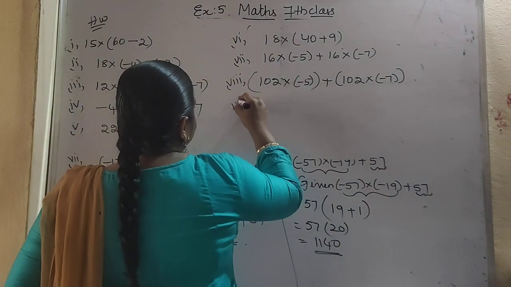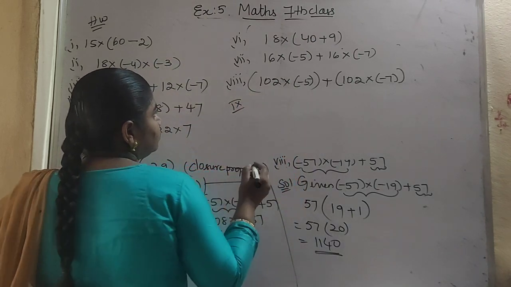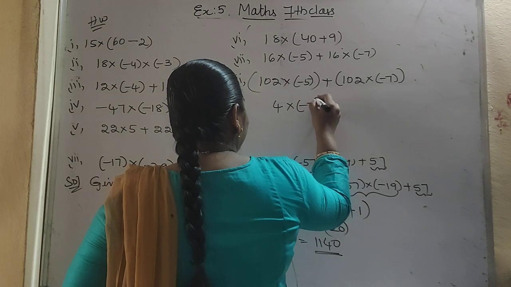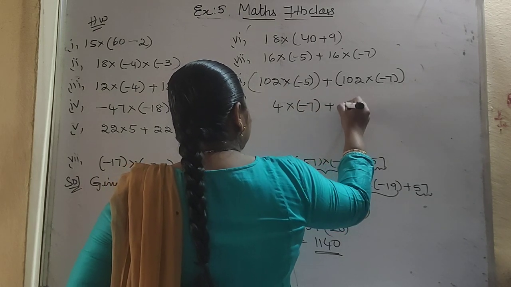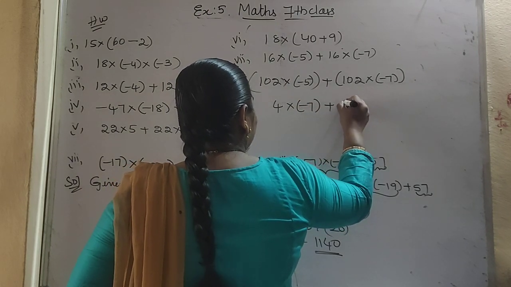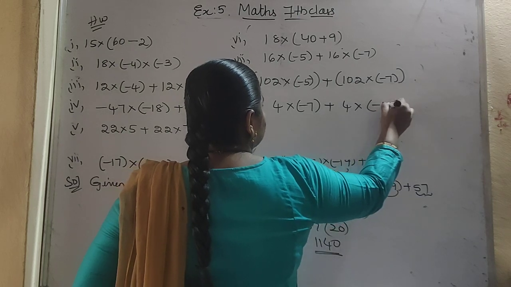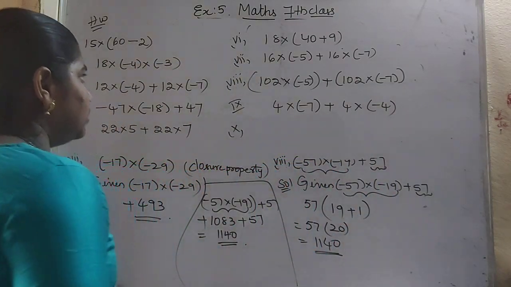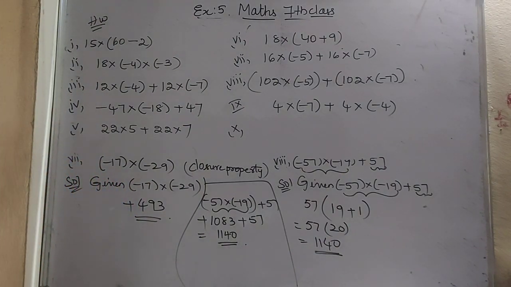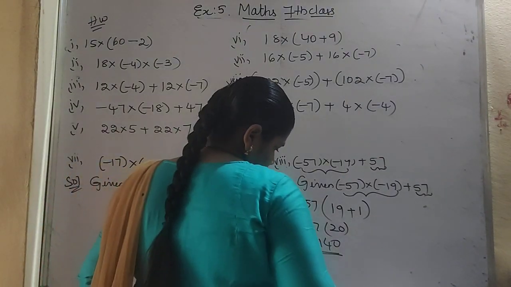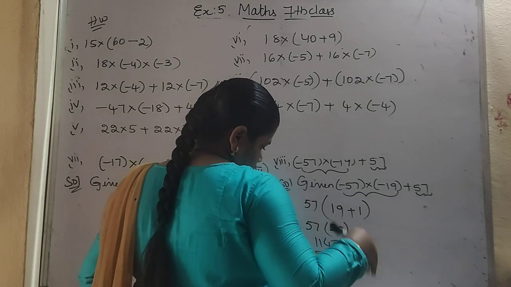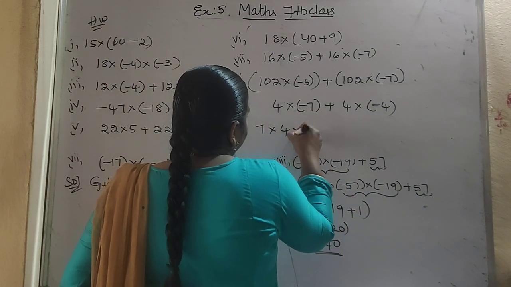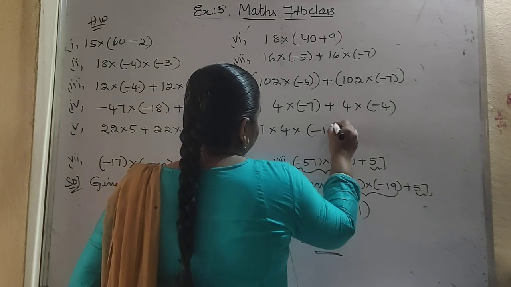Ninth one is 4 into minus 7 plus 4 into minus 4, and 10th one is 7 into 4 into minus 12.